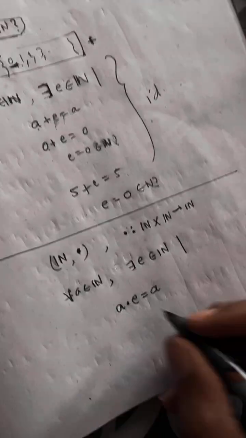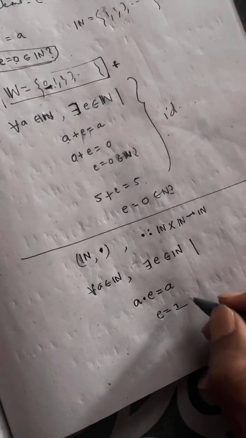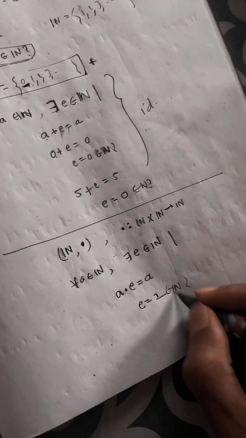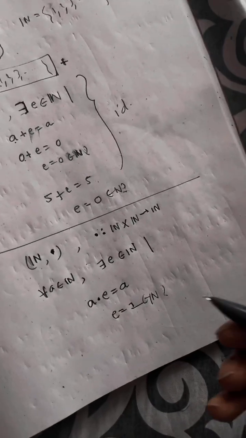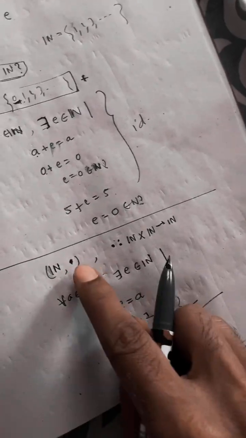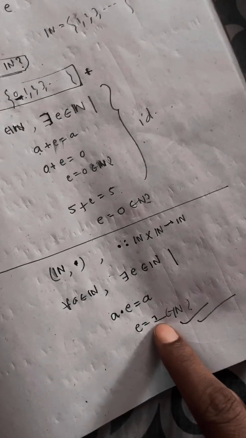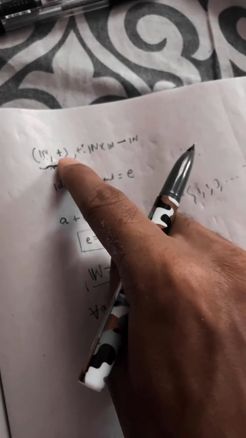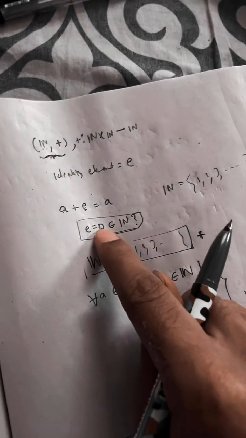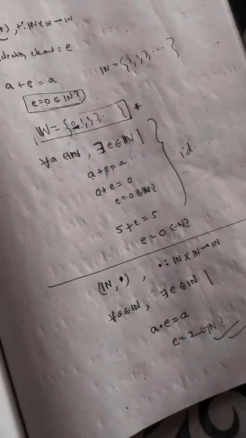What should be the value of e? Well, e should be 1. And does 1 belong to the set of natural numbers? Yes, natural numbers have 1. It means the natural numbers with binary operation multiplication has an identity element. It satisfies the identity property. But natural numbers with binary operation addition have no identity element because 0 does not belong to the set, right? So this is called the identity property.